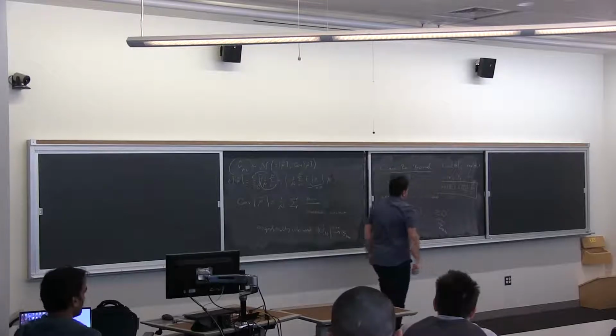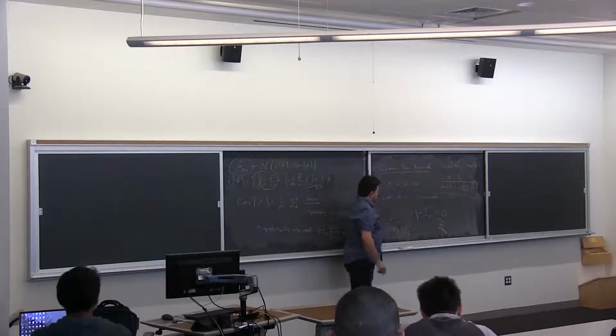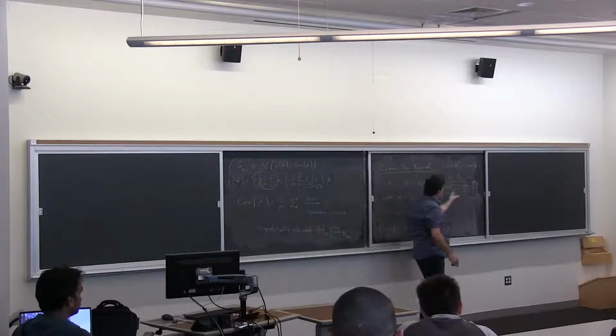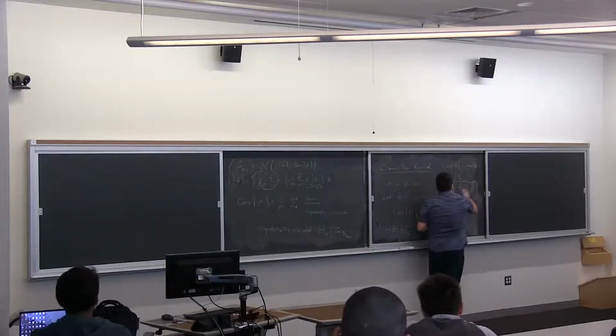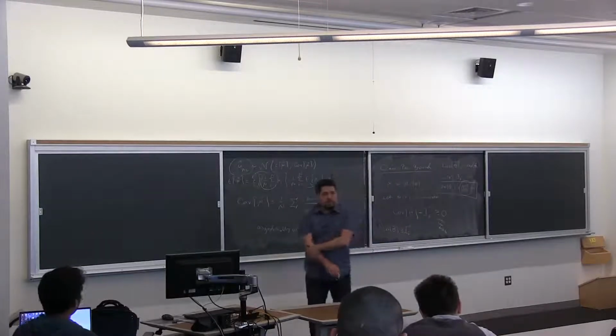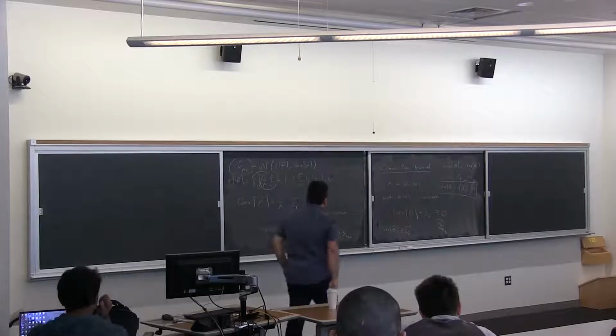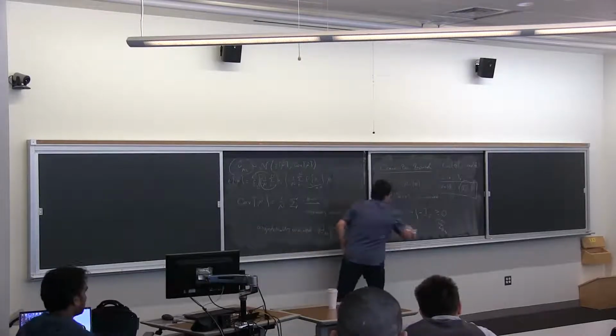But the implication is that if you care about unbiased estimators, according to this theorem, you cannot achieve less than this much variance for your parameter. So what is this Fisher information matrix? How do I find that number? In general, it's not easy to compute.